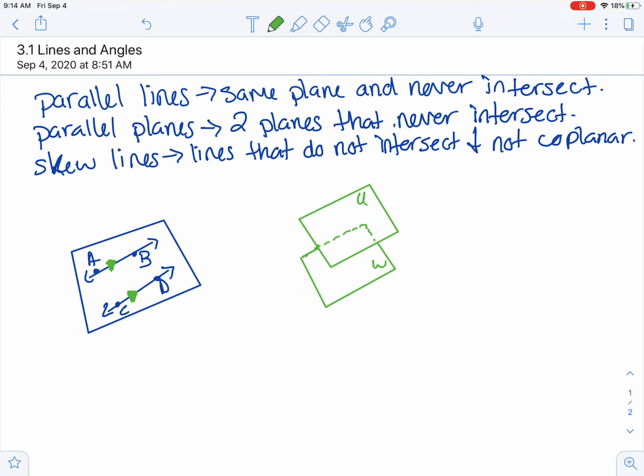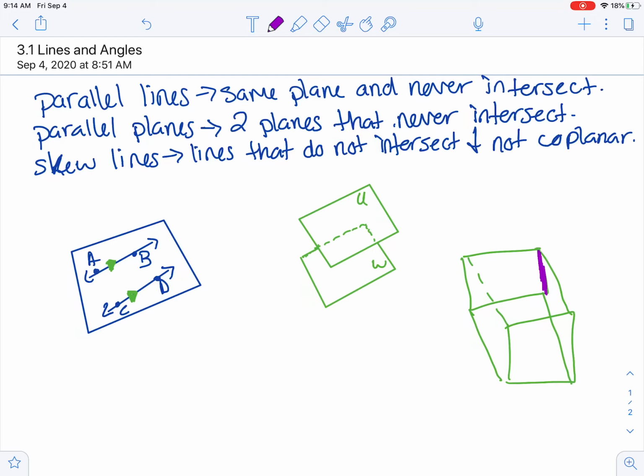Now, for skew lines, I think it makes most sense when we draw a box. So here's our box. Skew lines are going to be going different directions, okay? They're not parallel, but they're in different planes, so they won't intersect.